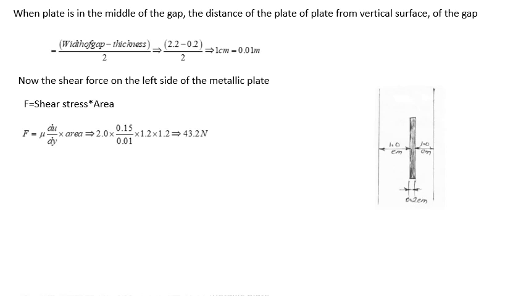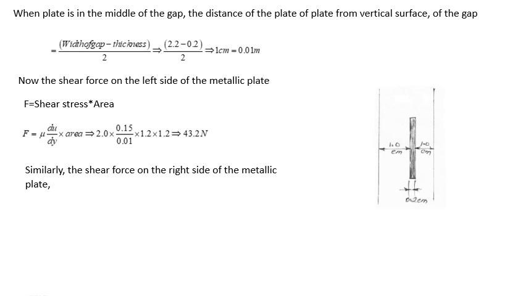The mu value is given as 2, the plate is moving at the velocity 0.15 meter per second, the distance is 0.01, and the area is 1.2 into 1.2. So the shear force required is 43.2 Newton.